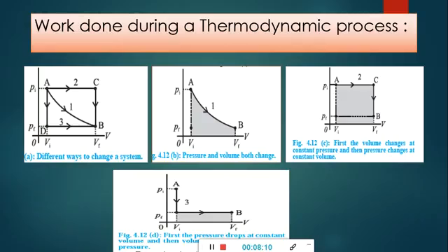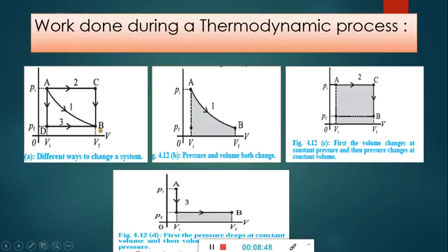The system is initially at state A on the PV diagram. Its pressure is PI and its volume is VI, so its coordinate is VI and PI.